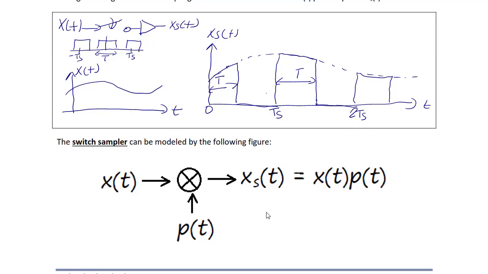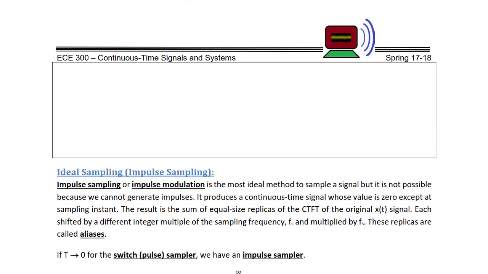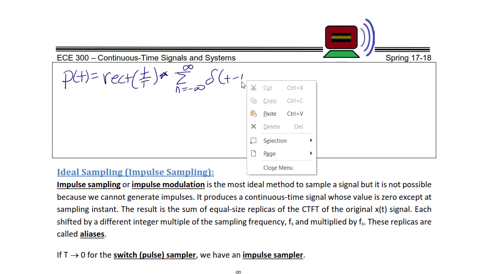The switch sampler can be modeled by the following figure, where the input is x(t) multiplied by p(t), our pulse train, and the output xs(t) is equal to x(t) times p(t). So as we stated earlier, p(t) would be a pulse train, so it would be rect(t/T) convolved with the summation from n equals -infinity to infinity of delta(t - nTs).